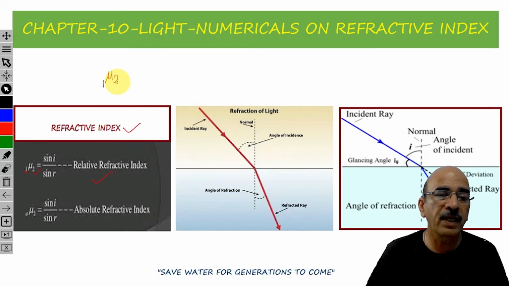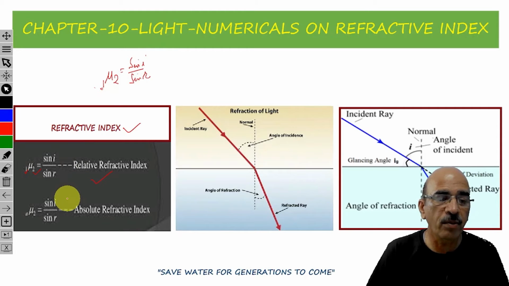So relative refractive index means refractive index of medium 2 with respect to medium 1 here. It is not air here. It can be water or glass, and here it can be oil or any other medium. So according to Snell's law, it is sin i upon sin r here.